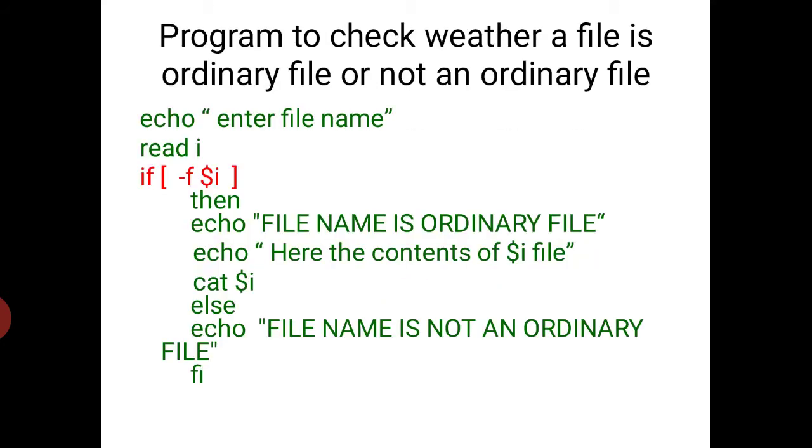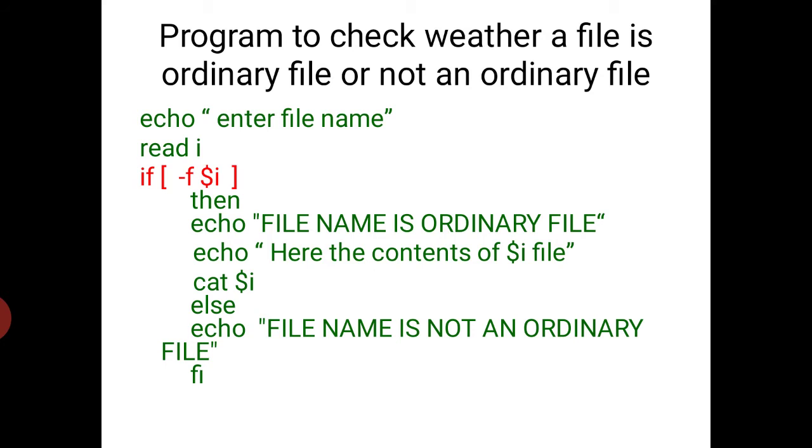The first program, a small program, checks whether a file is an ordinary file or not. Simply we use echo, enter the file name, read I is used as the file name, you can use any variable. Within square braces we are checking the condition, so here the variable is $I, minus f, then $I.